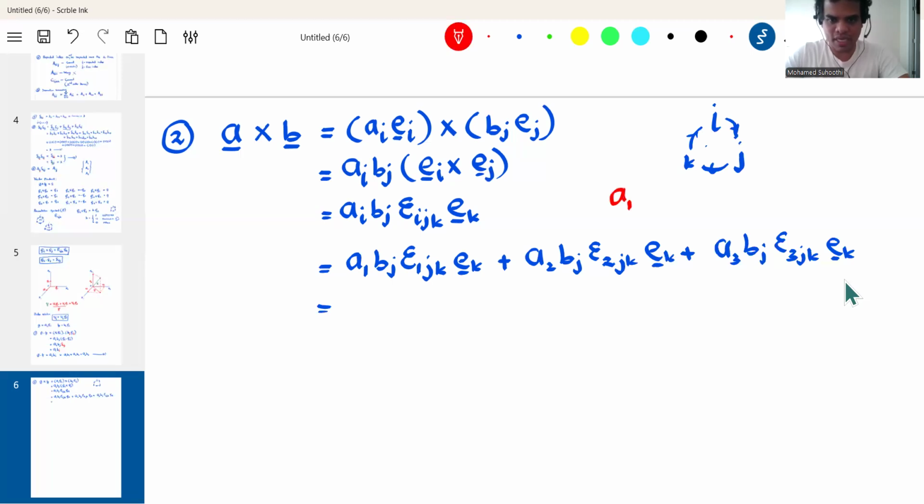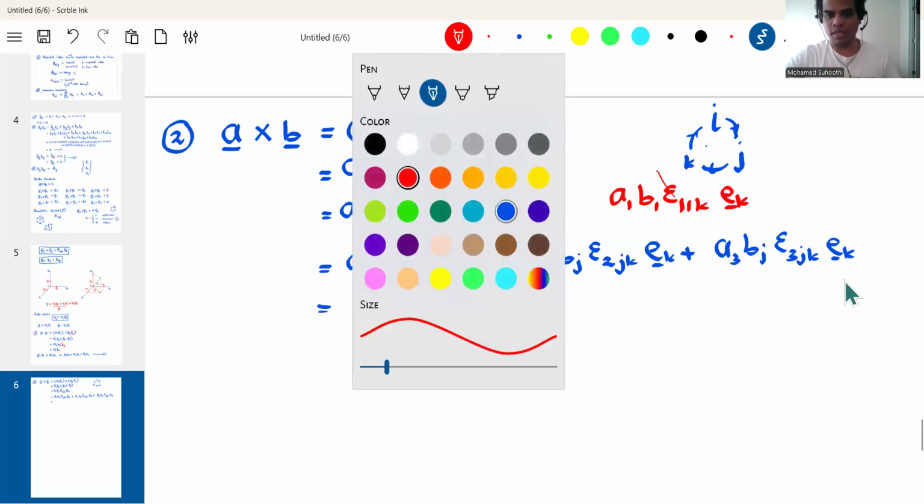When I substitute j equal to 1, let's say B1 epsilon_11k, for the first part, A1 B1 epsilon_11k e_k. No need to worry about k, it can be anything, but it's not following the order 1 2 3. 1 1 means it is 0. Therefore j equal to 1 is not applicable here.